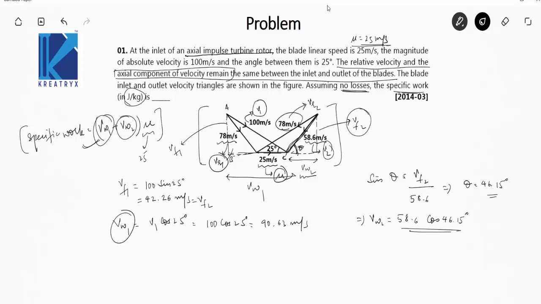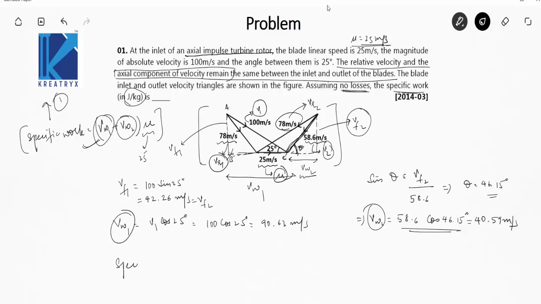Basic trigonometry. So this will be 40.59 meter per second. Now we have vw1 and vw2 and u also. So put all these values in equation 1 and you will get your answer.